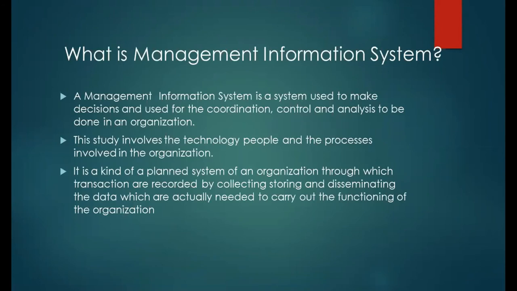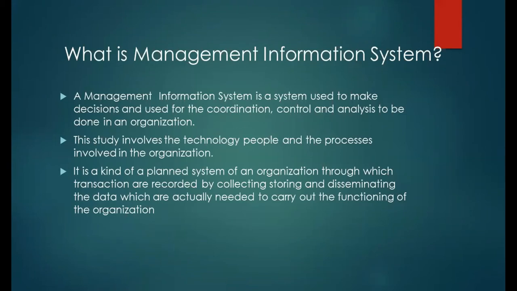Management Information System. Management Information System is a system used to make decisions and used for the coordination, control, and analysis to be done in an organization. The study involves the technology, the people, and the processes involved in the organization.